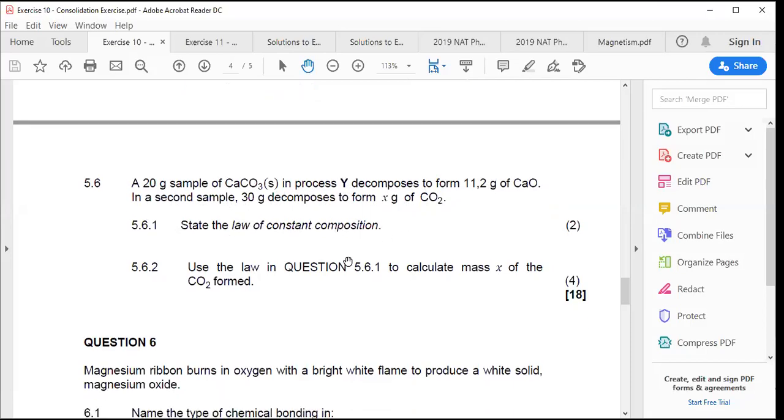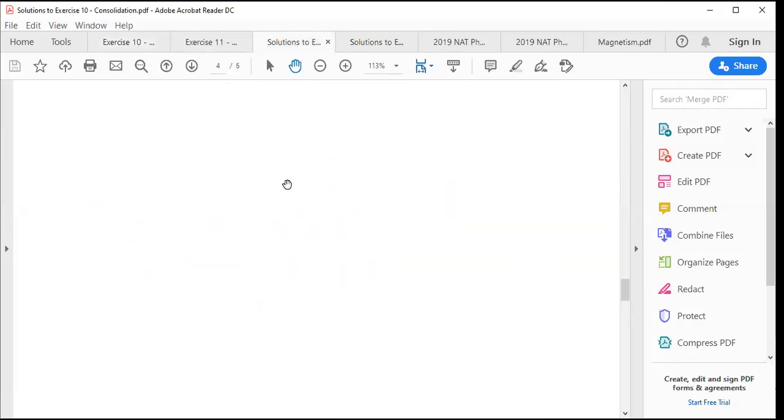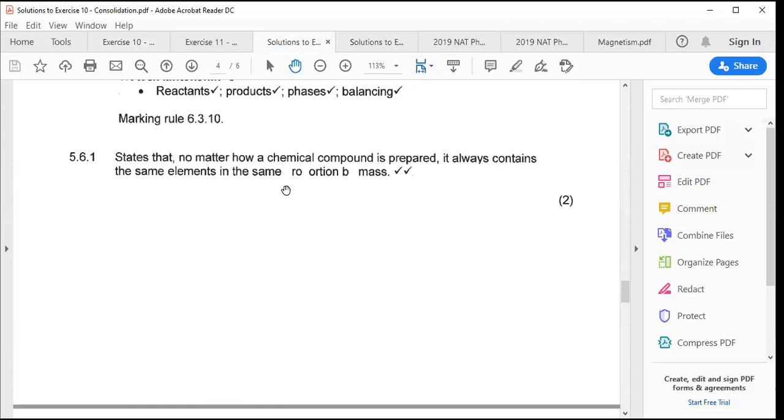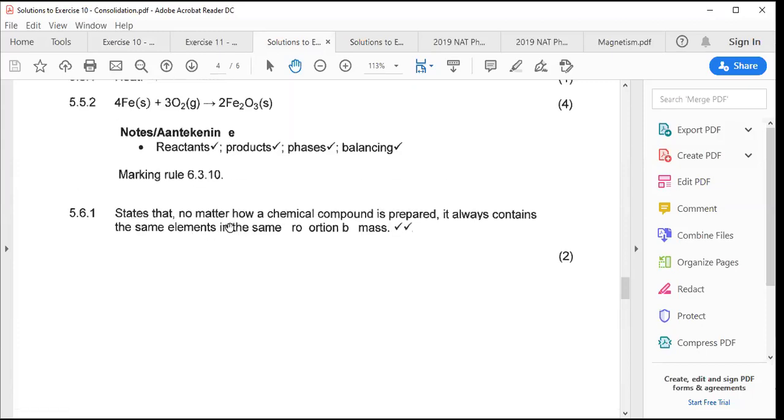State the law of constant composition. So the law of constant composition states that no matter how a chemical compound is prepared, it always contains the same elements in the same proportion by mass.